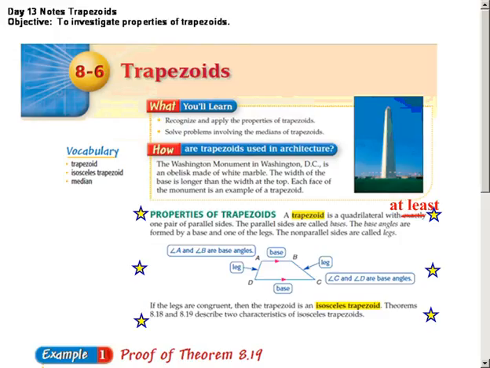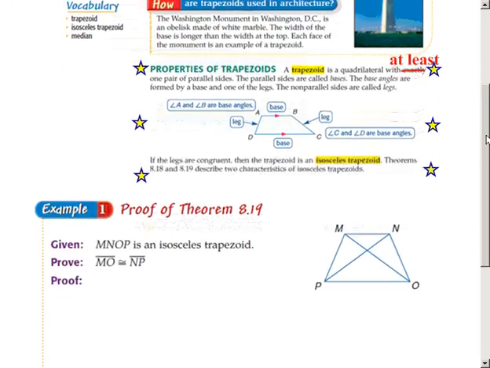What makes the trapezoid isosceles, it still has at least one pair of parallel sides, but then it also has a pair of opposite sides that would be congruent to each other. We're going to look at that fact in our example 1 proof.